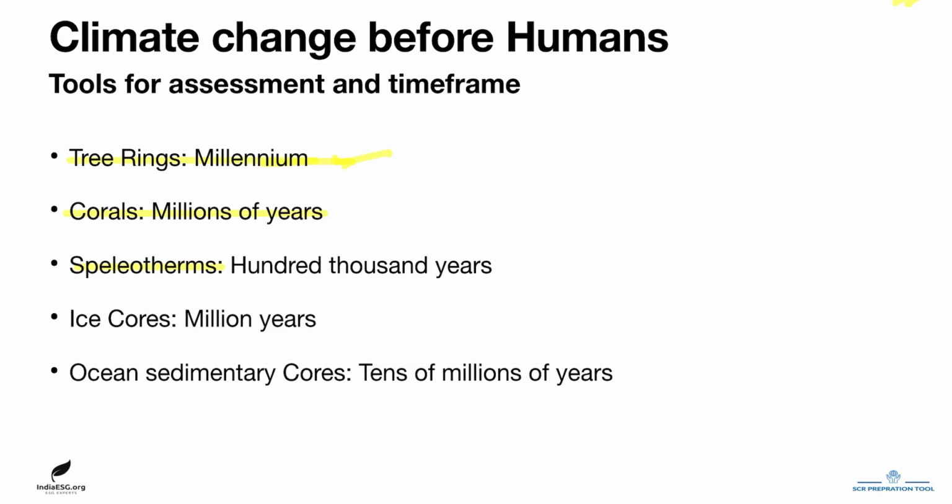So some examples of speleothems are stalactites and stalagmites. So these are basically cave structures which yield information about the climate in the region around the cave for the past few 100,000 years. So this number of years you should always try to remember, that which source of information gives information dating back to how many years.